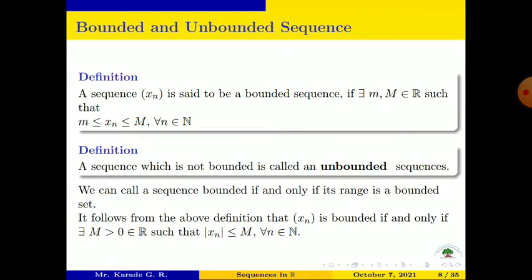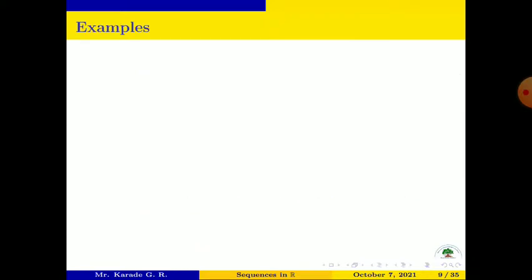It follows from the above definition that a sequence xn is bounded if and only if there exists a real number capital M greater than 0 such that the modulus of xn is less than or equal to M for all n belonging to N. So this is about a bounded sequence and an unbounded sequence.